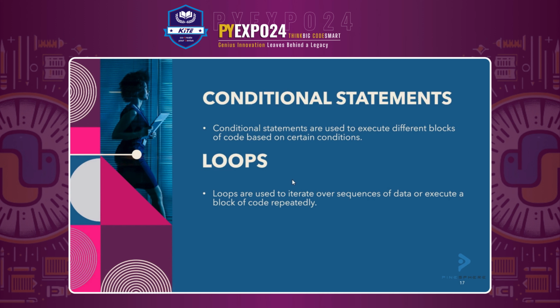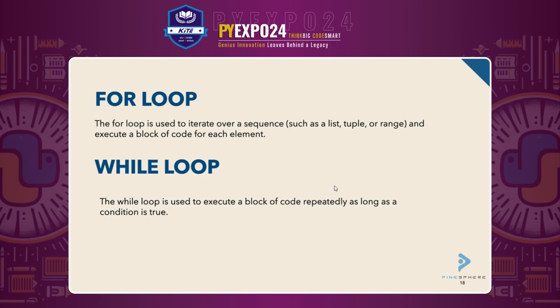Next is loops. Loops are used to iterate over a sequence of data or execute a block of code repeatedly. They allow you to automate repetitive tasks and perform operations on collections of data. We have two loops, for loop and while loop.